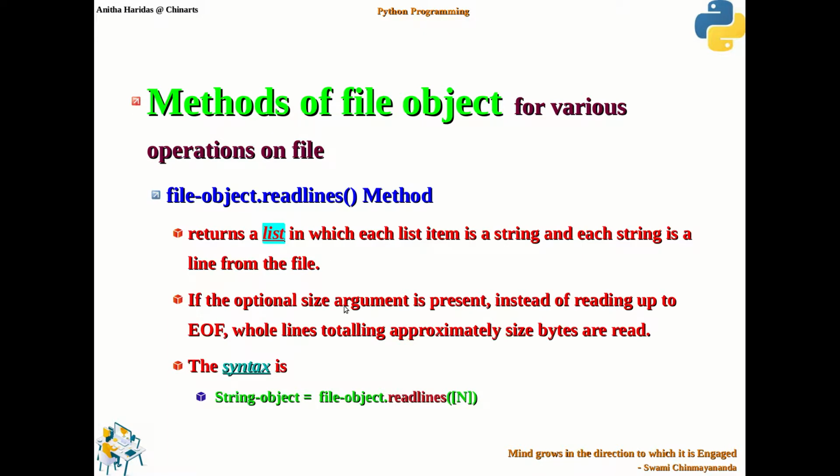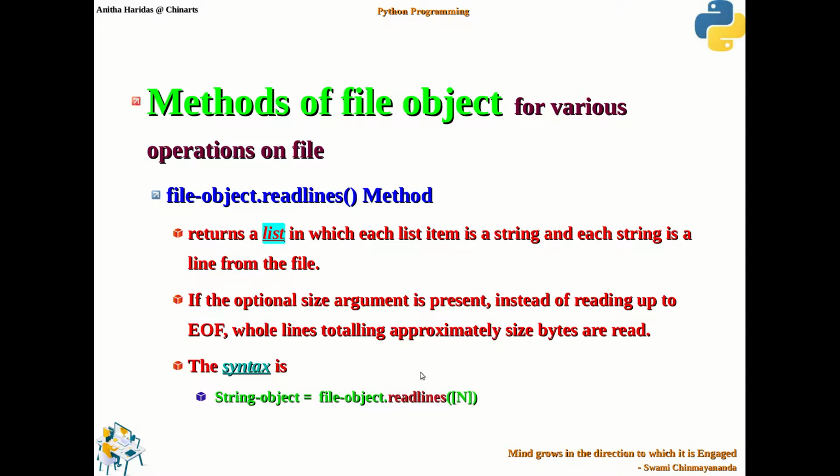Until you encounter one newline character, that becomes one line, so you will have many lines in that particular file. All these lines will be read, but instead of returning a string, it is going to return a list of strings.